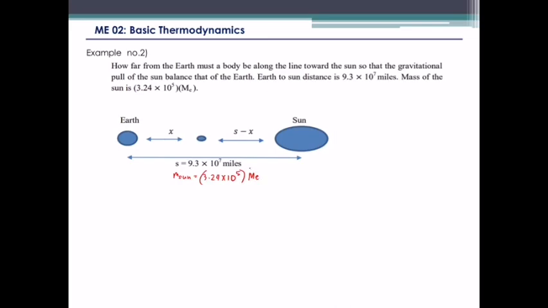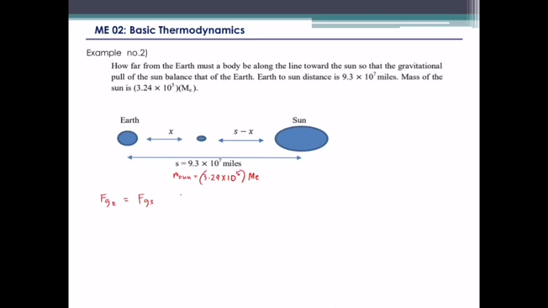Now, what the problem says is that the gravitational pull between the Earth and the object is equal to the gravitational pull between the object and the Sun. So that is the statement of our problem.